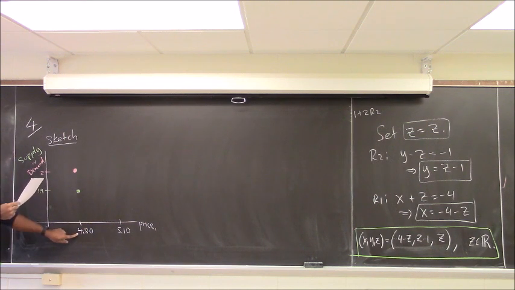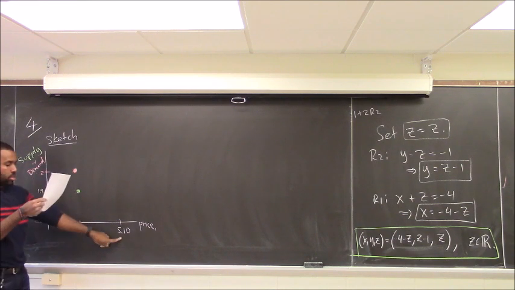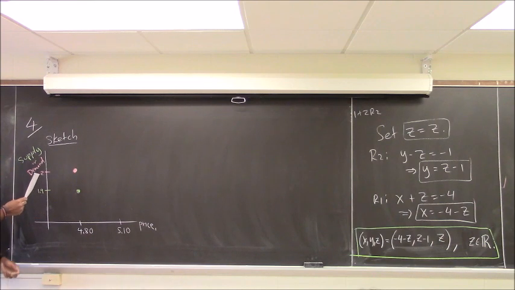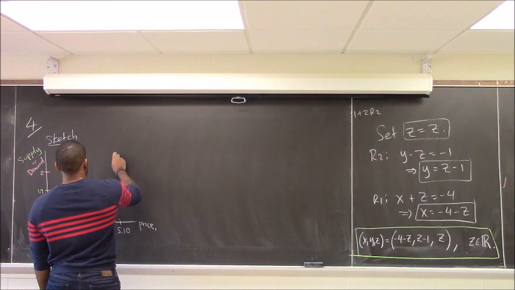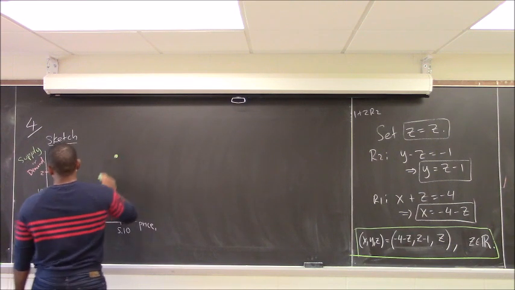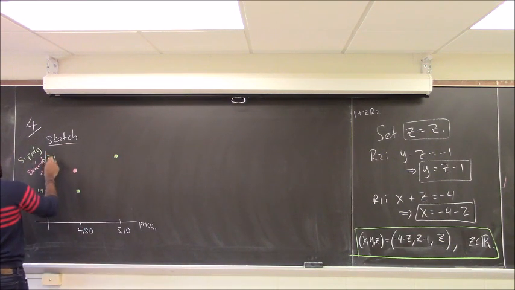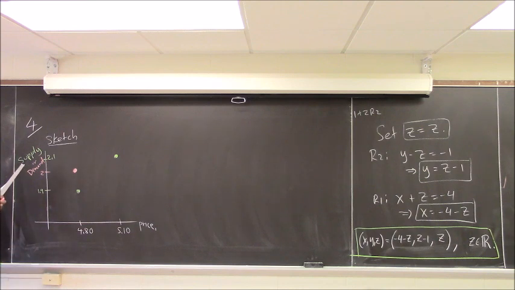So when we're at a price of 480, the supply is 1.9 billion and the demand is 2 billion. When we increase the price to $5.10, the supply also increases to 2.1. Well, it's 2.1 over here. But the demand decreases to 1.8.